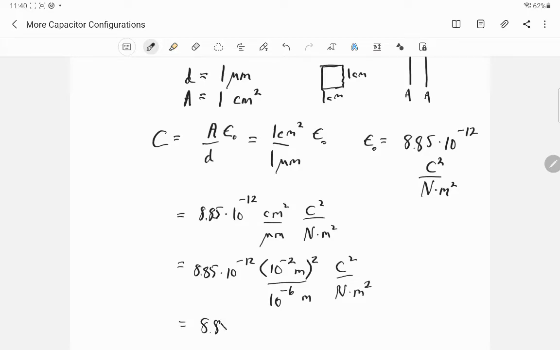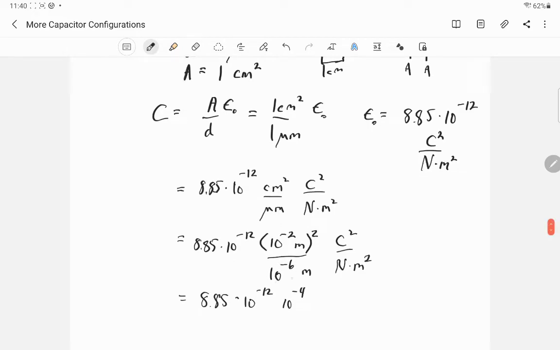So 8.85 times 10 to the minus 12. 10 to the minus 2 squared is 10 to the minus 4. 10 to the minus 6 on the bottom is 10 to the positive 6 on the top. And then I've got meters squared divided by meters. We'll have 1 unit of the meter on top, but then it's divided by meters squared over here.